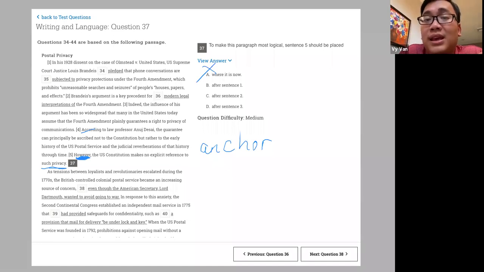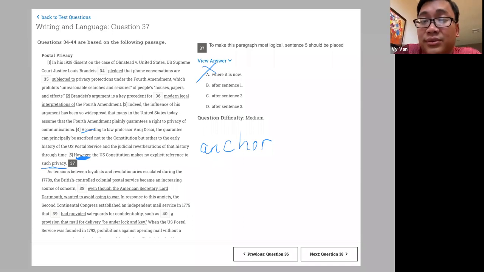After sentence 1: "In his 1928 dissent, U.S. Supreme Court Justice Louis Brandeis asserted that phone conversations are subject to privacy protections." Well, they clearly are stating very specifically about this, so I don't think this should be it. "However, the U.S." No, this doesn't follow.